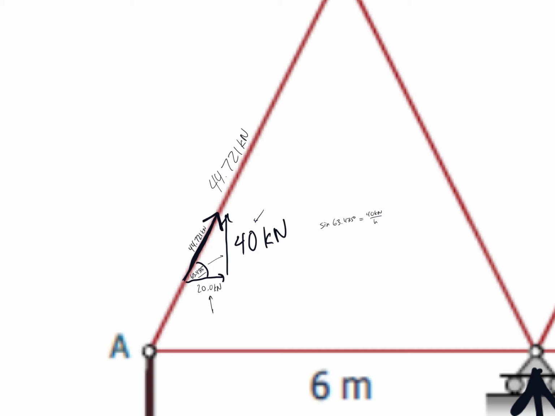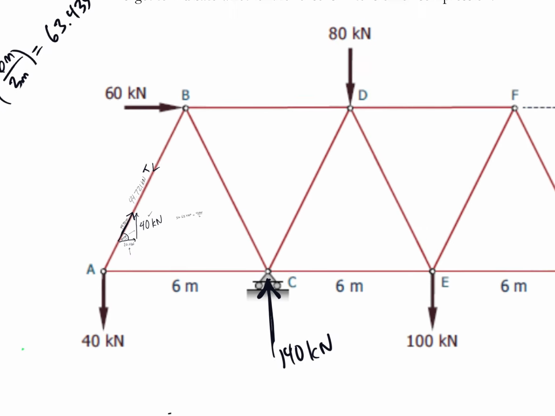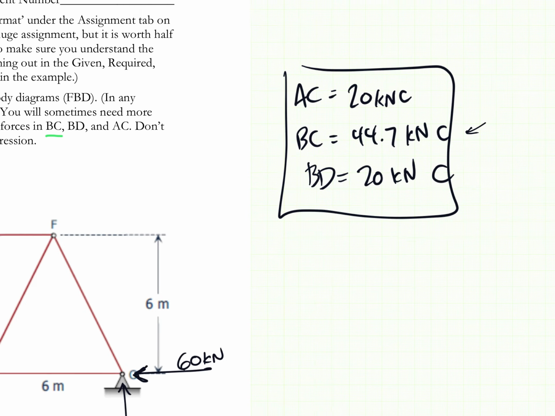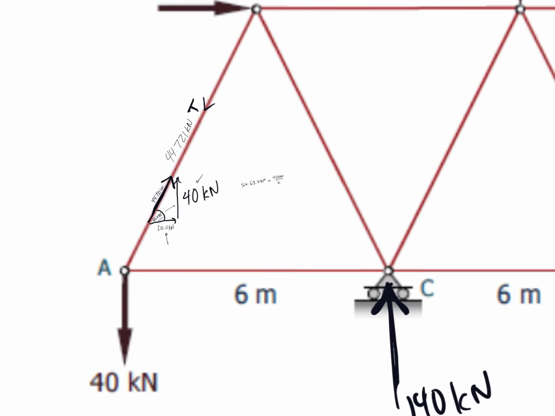So we're pretty happy with that. That means this is 44.721 kilonewtons, and it looks like it's pulling, so this is tensile. Now note that this number we should be happy with, because we have one of these numbers over here, so we feel like maybe we're heading for something good.